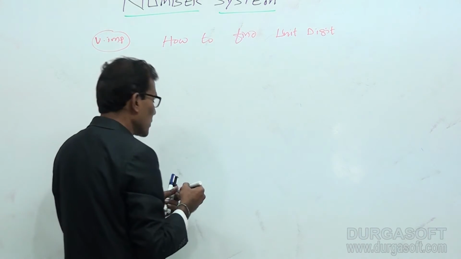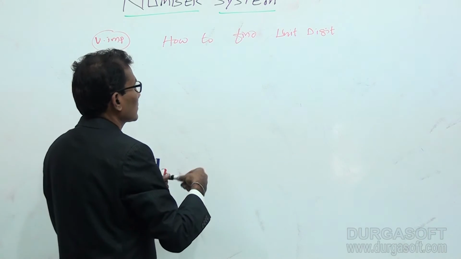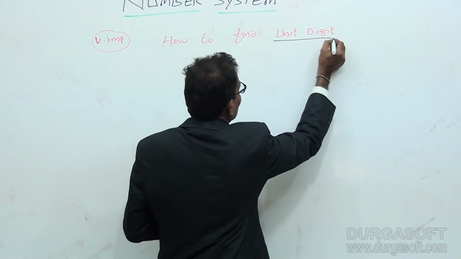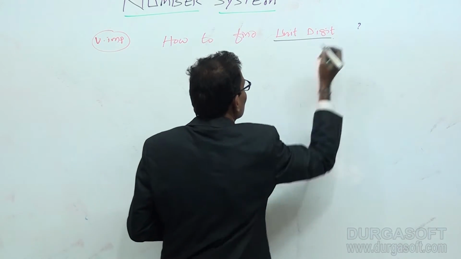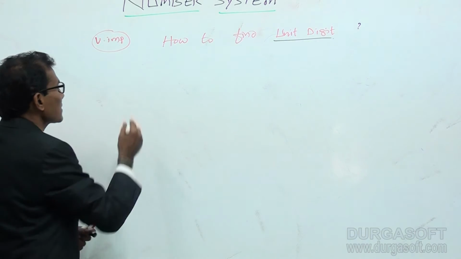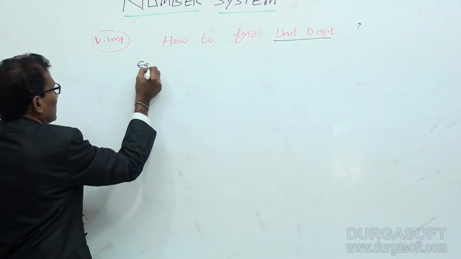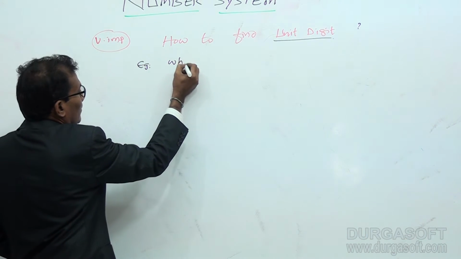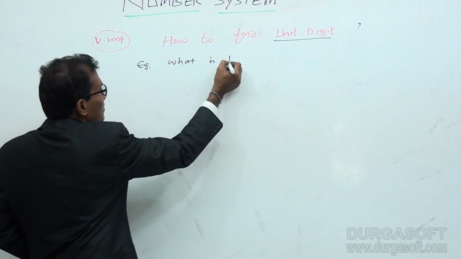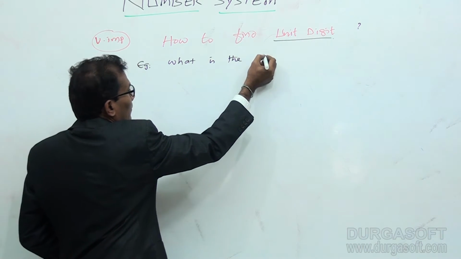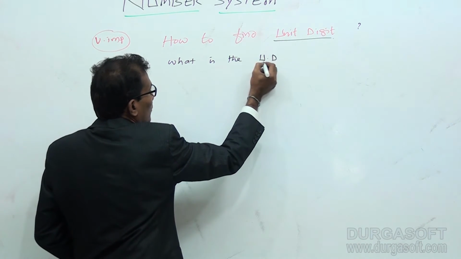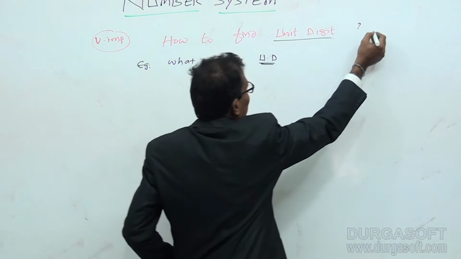How to find a unit digit? We'll take a few examples. UD means unit digit.